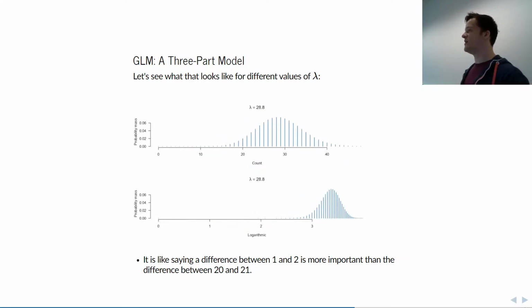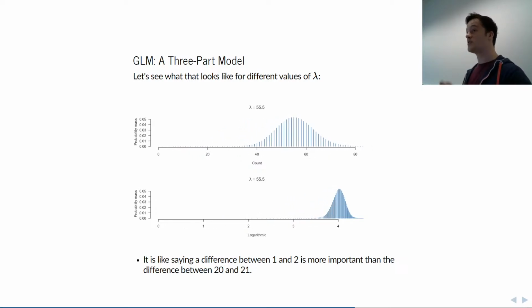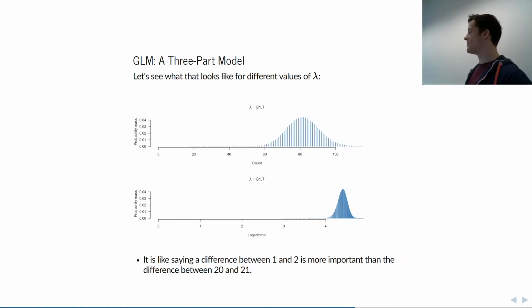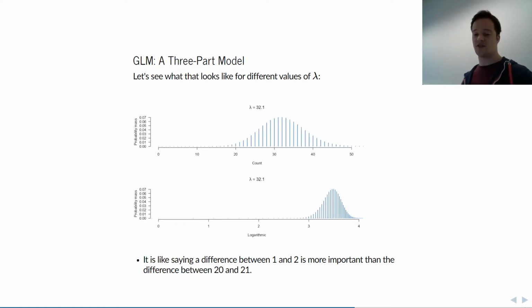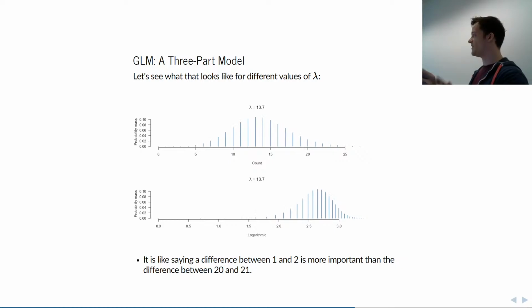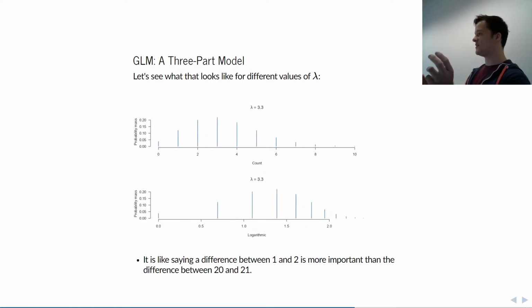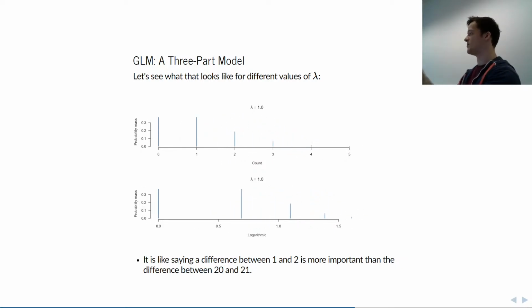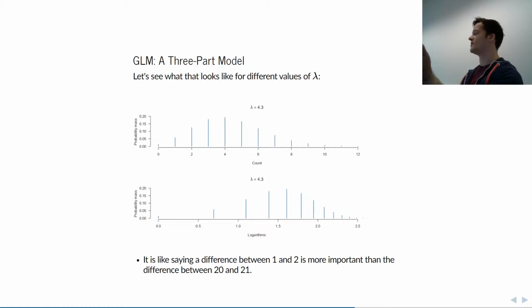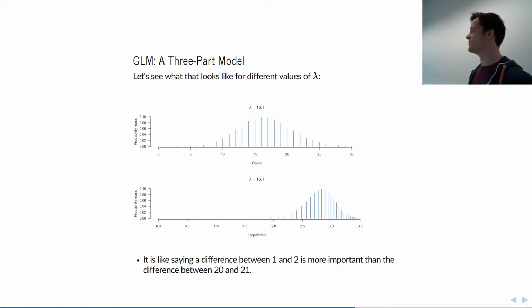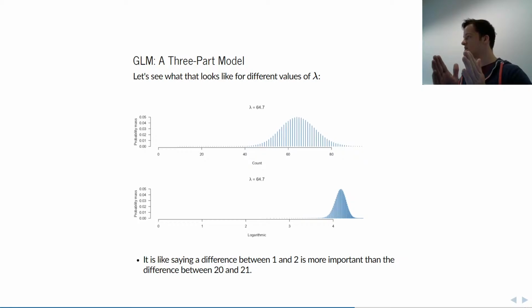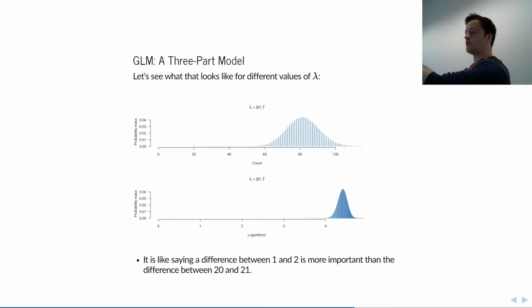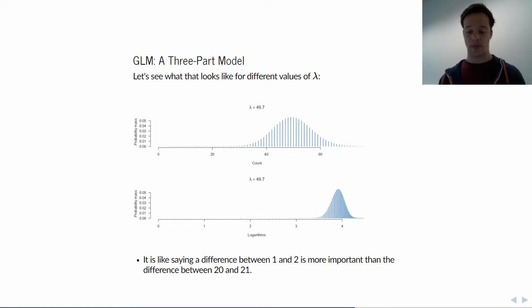The difference between having 1 or 2 apples is much bigger than the difference between having 100 and 101 apples. So applying a logarithmic transformation is like saying the difference between 1 and 2 apples is more like the difference between having 10 and 20 apples, or between 100 and 200 apples, which makes more sense because when we think about counts, we are more interested in smaller differences than we are in the differences for very large counts.